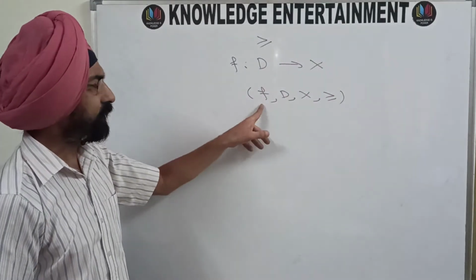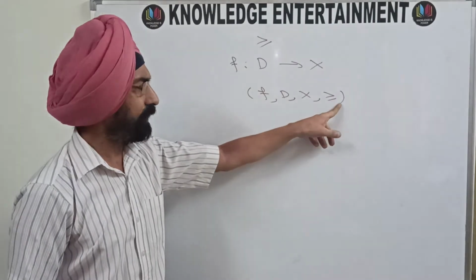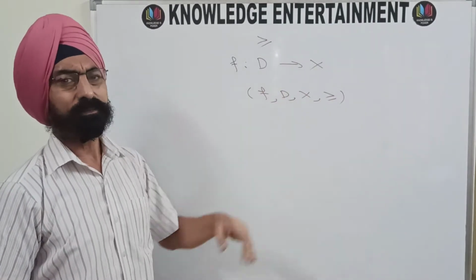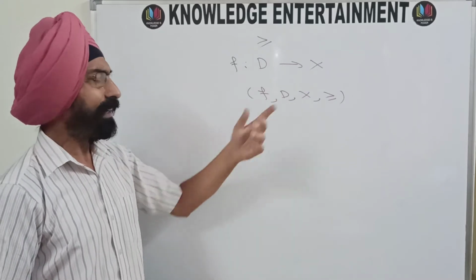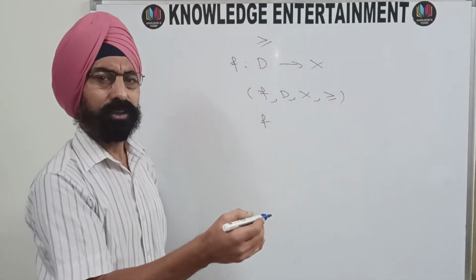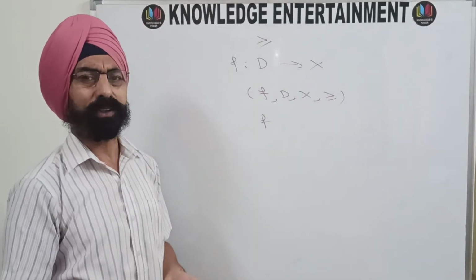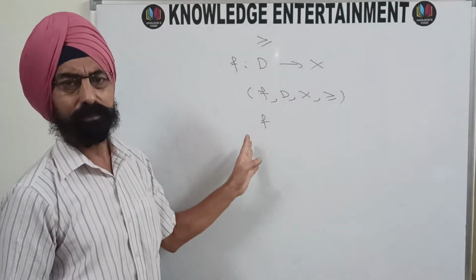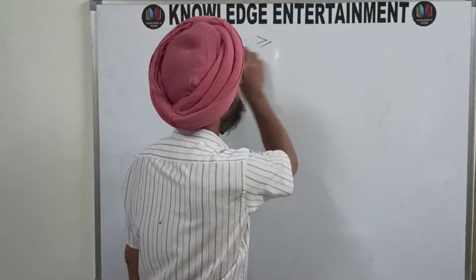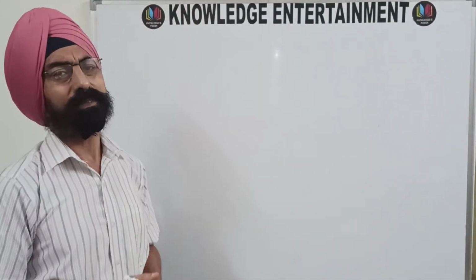That means f is a function from the directed set D to the set X, where this is the binary operation of the directed set. So this is the notation for a net. Or sometimes it is just written that f is a net, so it is understood that its domain is a directed set with some binary operation and there will be some range.